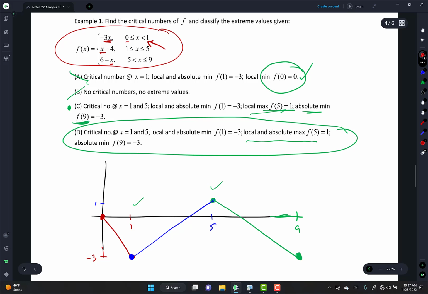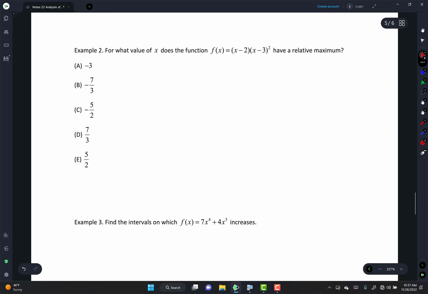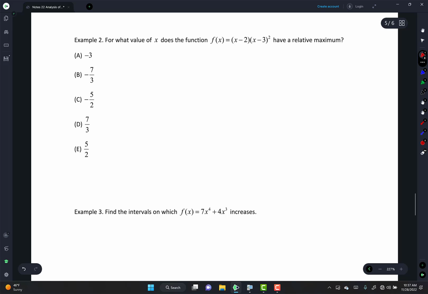How do we feel? Yeah, that one was a little hard. Okay, look at this one. For what value of x does a function have a relative maximum? You don't have a calculator? Let's assume we don't. So I need to find my first derivative, and I need to see how often my first derivative changes signs. I have a relative max from positive to negative.